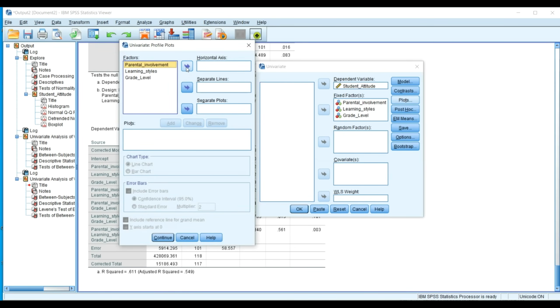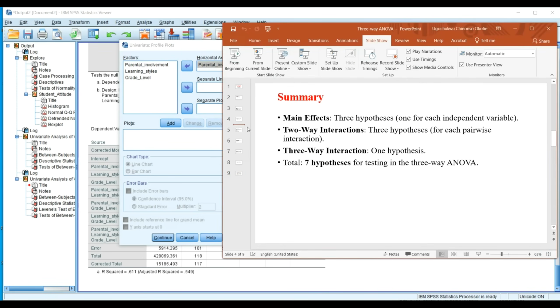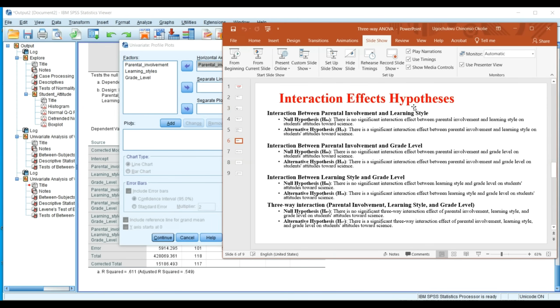To do this, I will first insert the parental involvement. Remember that we have the following interaction effects: parental involvement and learning style, parental involvement and grade level, the interaction between learning styles and grade level, and then the three-way interaction. So this is how I'm going to create them right now.